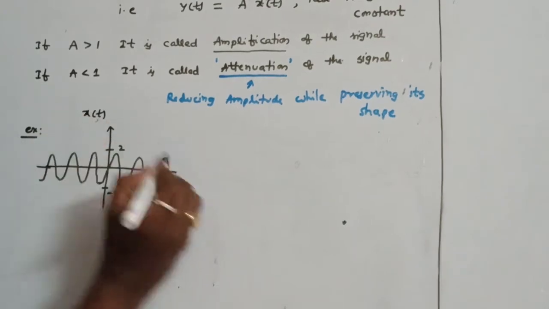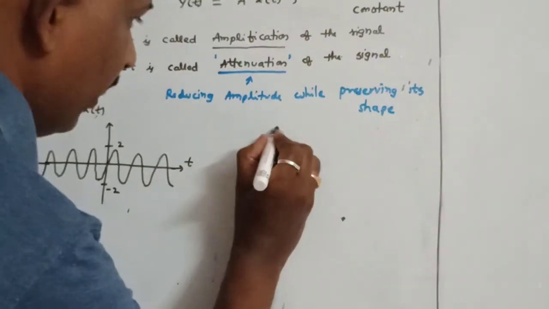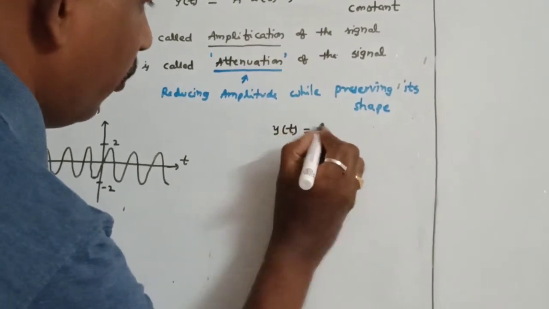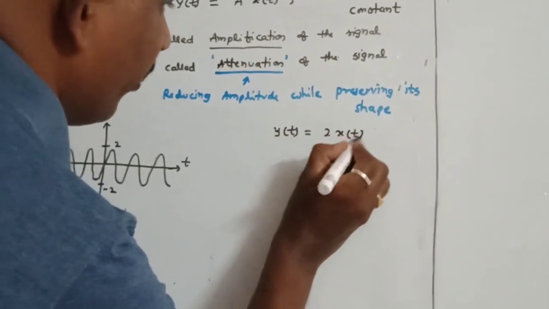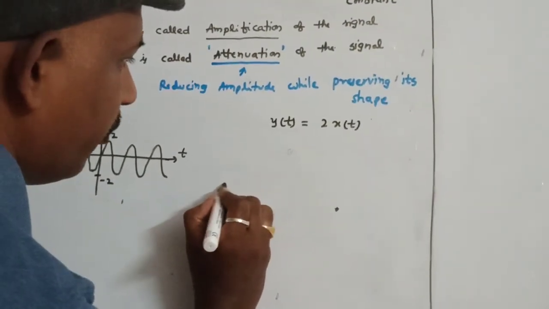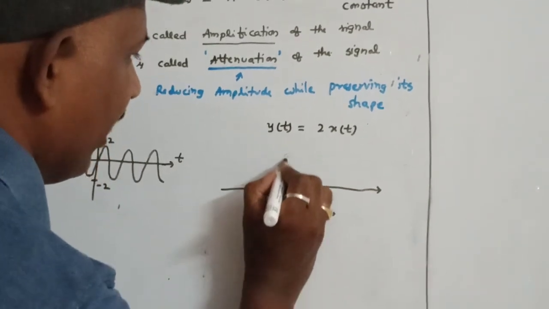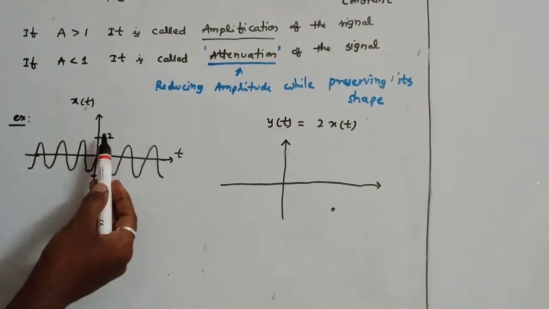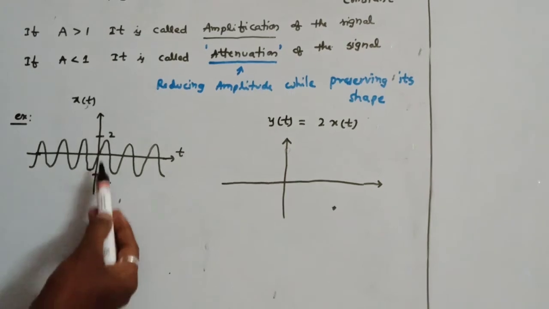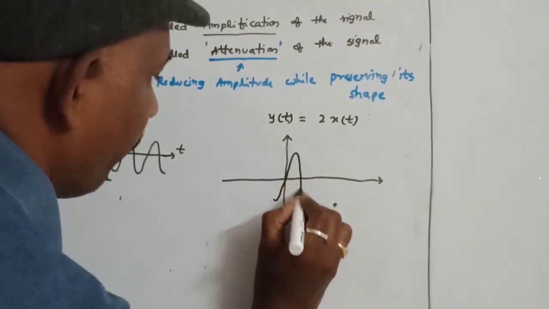Suppose it is asked to draw 2 into x of t, so that means we are multiplying x of t by 2. This is called as amplitude scaling. For this purpose, just multiply the positive peak by 2 and the negative peak by 2, so draw the same signal with increased amplitude.